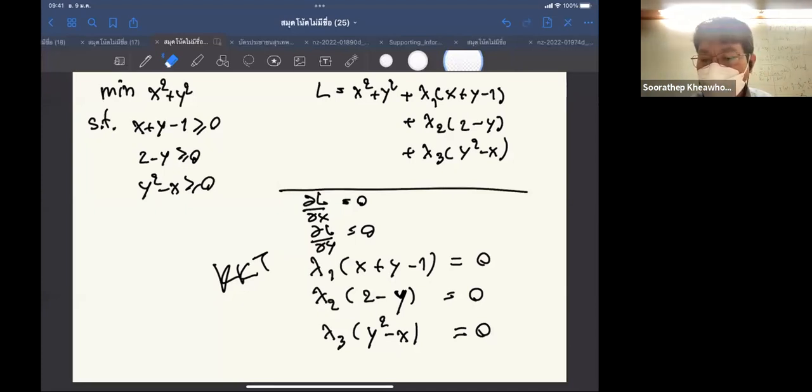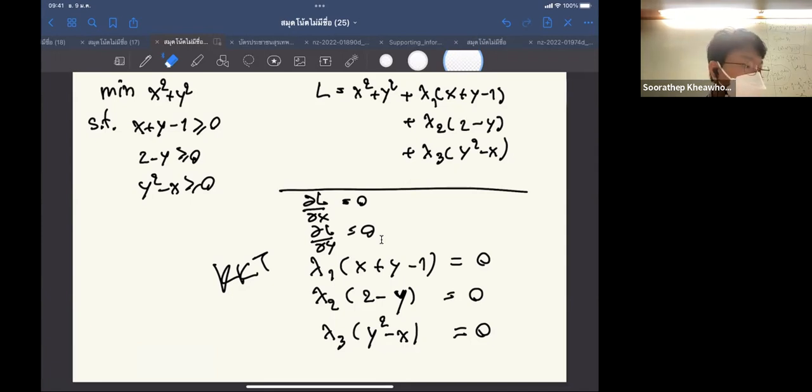Just one moment. I try to look for some. x square plus y square, right?